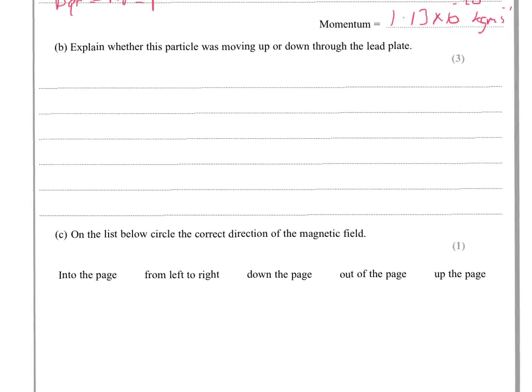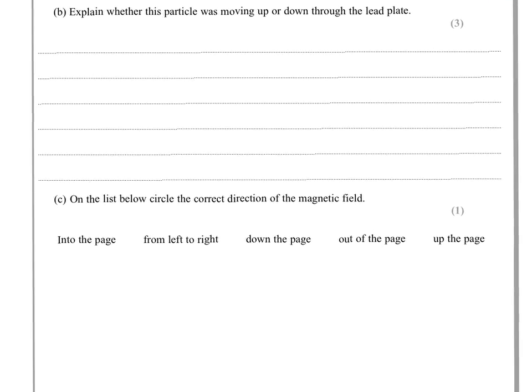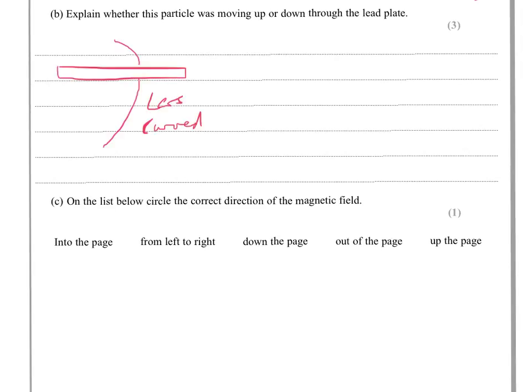So we're asked to explain whether or not the particle is moving up or down through the lead plate. And so crucially, it's less curved before the plate, on the underside, and more curved on the top side.